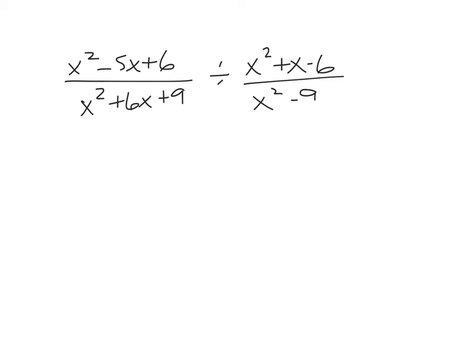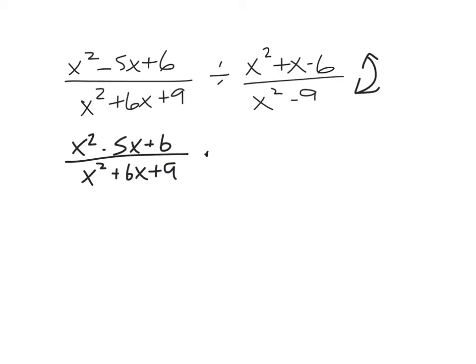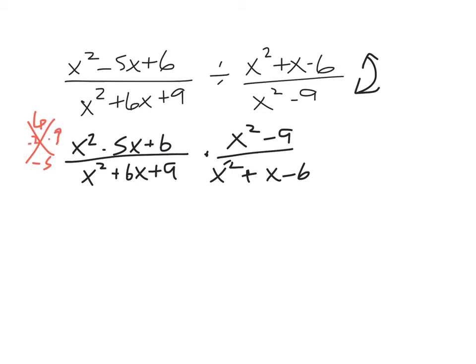When I'm dividing, the first thing to do is to flip my second fraction. So x squared minus 5x plus 6 over x squared plus 6x plus 9 times x squared minus 9 over x squared plus x minus 6. What two things multiply to positive 6 and add to negative 5? That's negative 2 and negative 3.